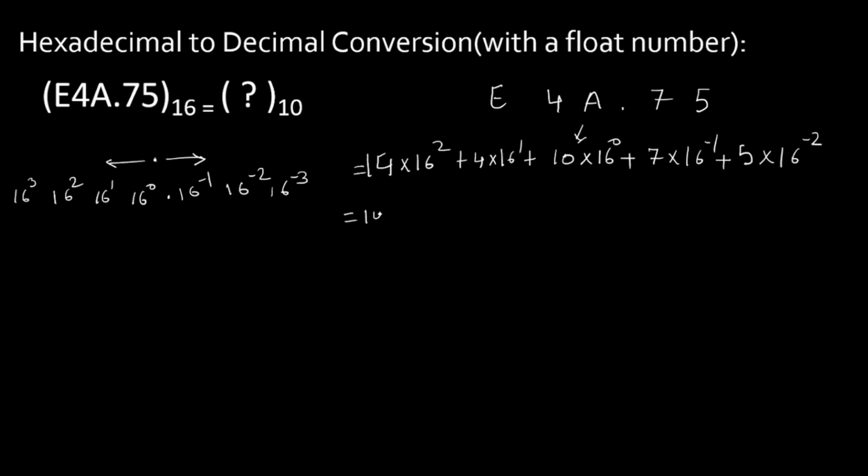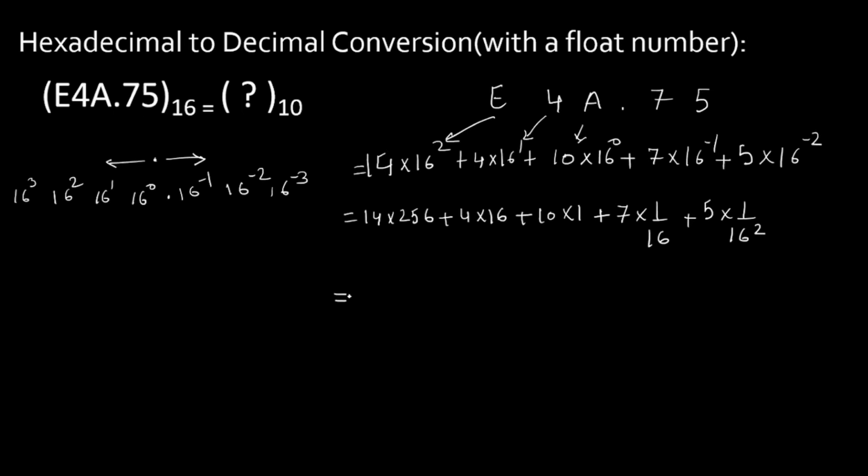Now 14 will be multiplied by 256, because 16 raised to power 2 is 256, and 4 will be multiplied by 16, because 16 raised to power 1 is 16, and 10 will be multiplied by 1, because 16 raised to power 0 is equal to 1. Plus 7 will be multiplied by 1 upon 16, plus 5 multiplied by 1 upon 16 raised to power 2.